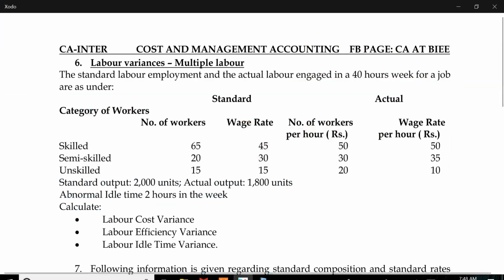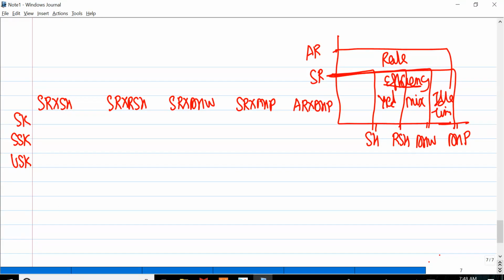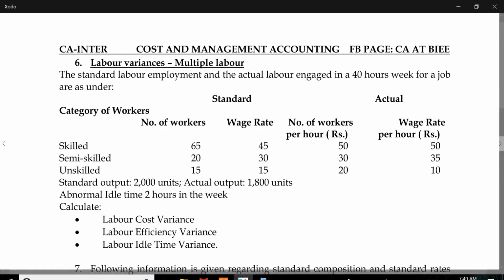What's the standard rate? 45. Yeah, please participate. 30 and 15. 45 rupees, 30 rupees and 15 rupees.